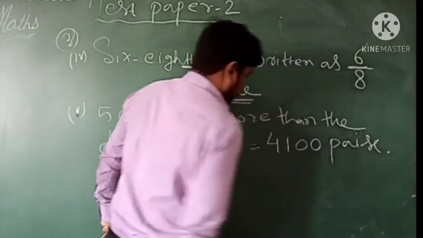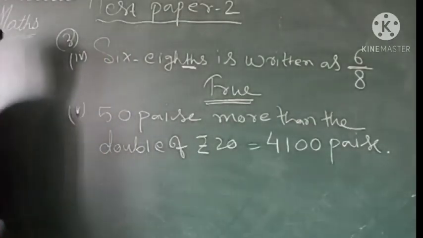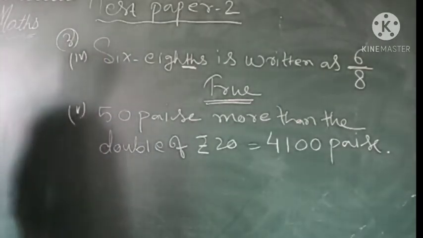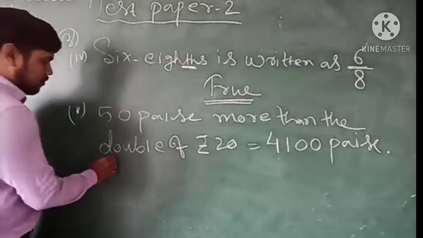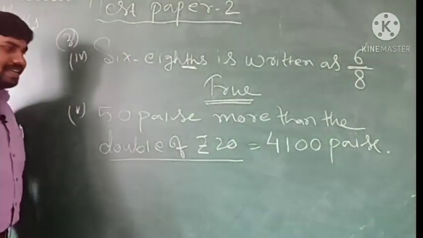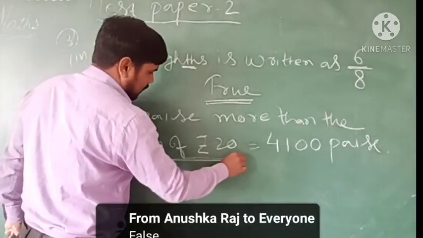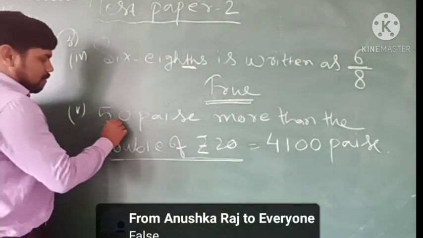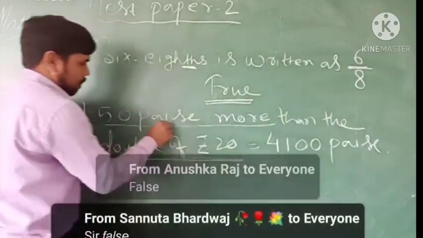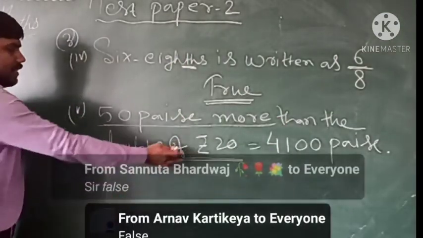So this type of question we have learned in exercise 8.5. If you remember, double of any amount means multiply by 2, and this much more means 50 paise you have to just add with the double of 20.